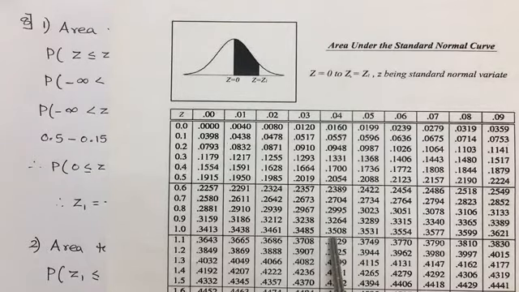Exact 0.35 is not there. So taking from this table in the same row, the first one will be 1.03 and the second one is 1.04. So the average of both of these is to be taken.